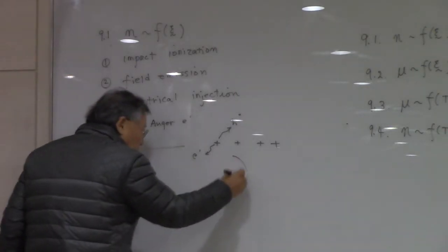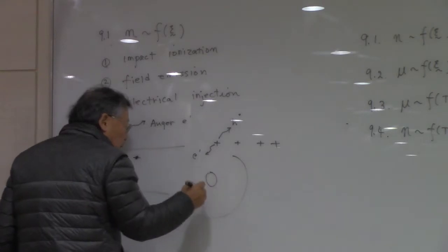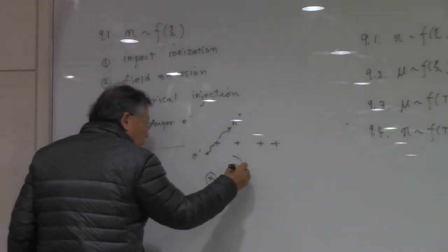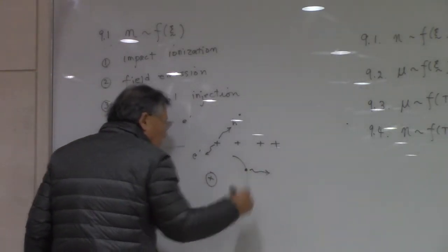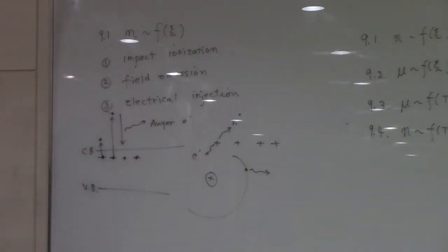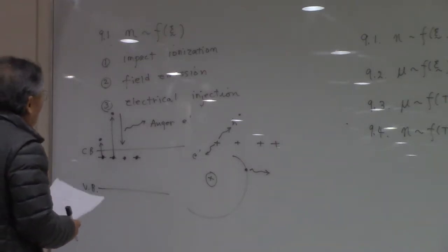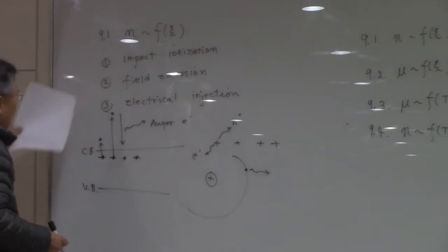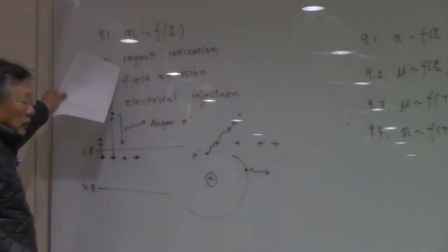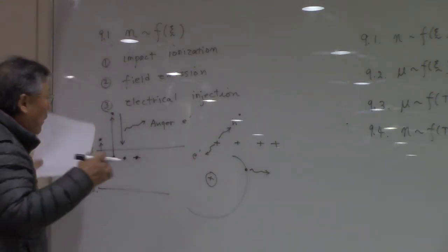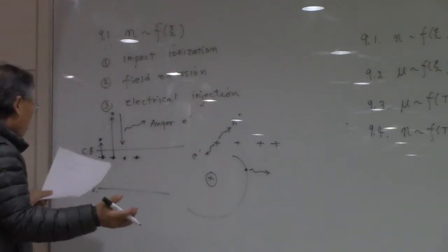The valence electrons in the solid are going to be freed by the impact of the high energy electrons due to the high electric field. That is the impact ionization, so that we can generate a lot of free carriers by applying the high electric field to the solid.